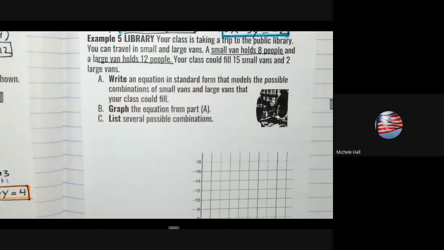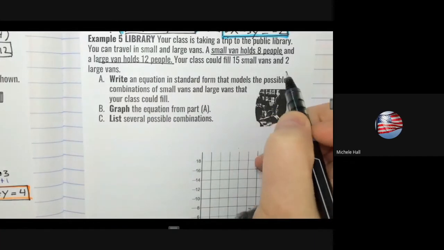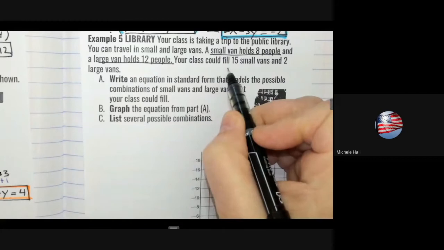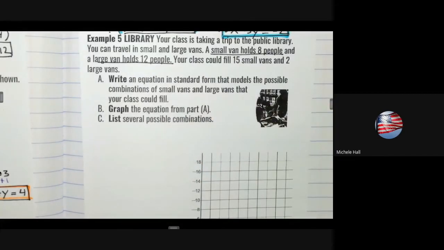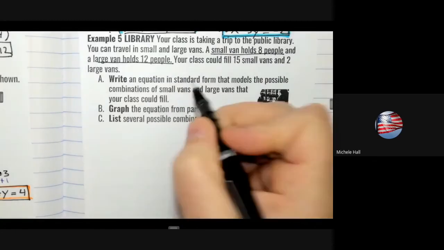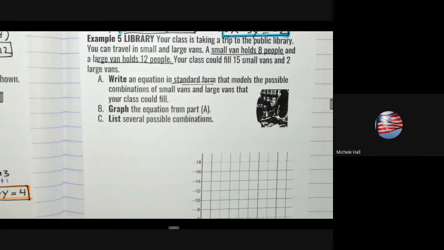Your class could fill 15 small vans and 2 large vans. Write an equation in standard form that models the possible combinations of small vans and large vans that your class could fill. Graph the equation from part A. List several possible combinations.